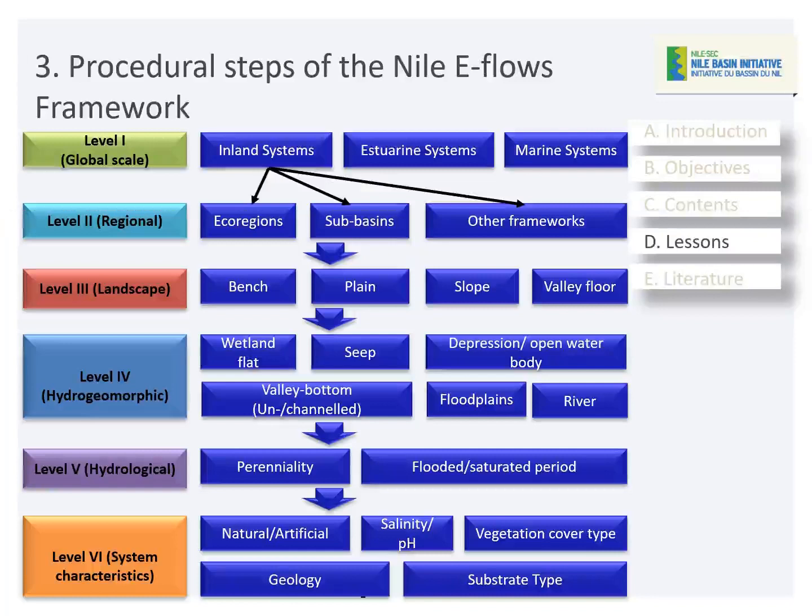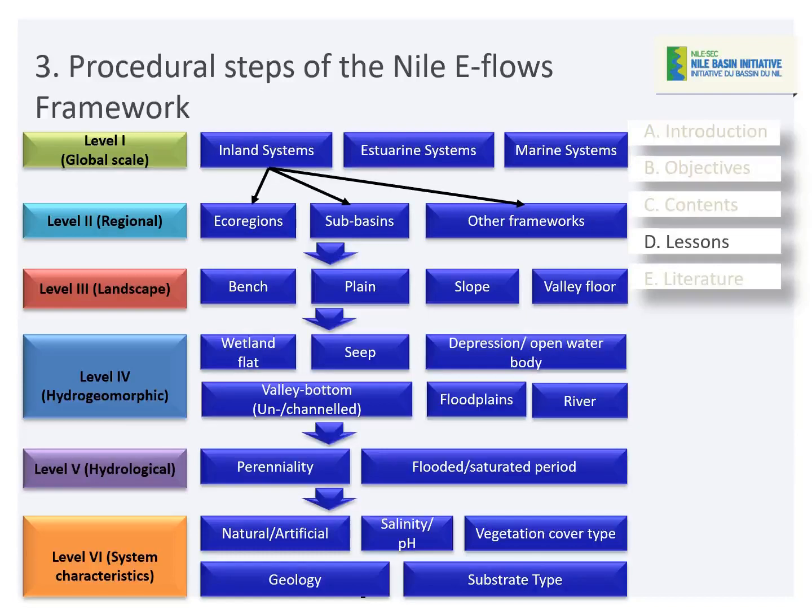You can download it from the SANBI website, which we presented and demonstrated how to use in the Nile eFlows framework. What it includes is these different levels from level 1 to level 6. The first level is to consider the nature of the ecosystem type: is it an inland system, an estuarine ecosystem, or a marine ecosystem? If it's a marine ecosystem, we don't consider it.